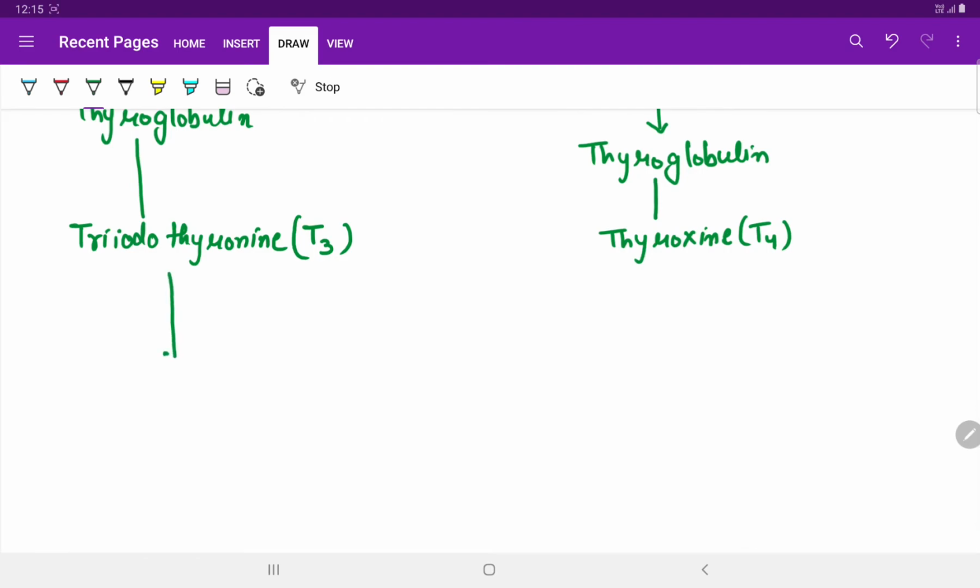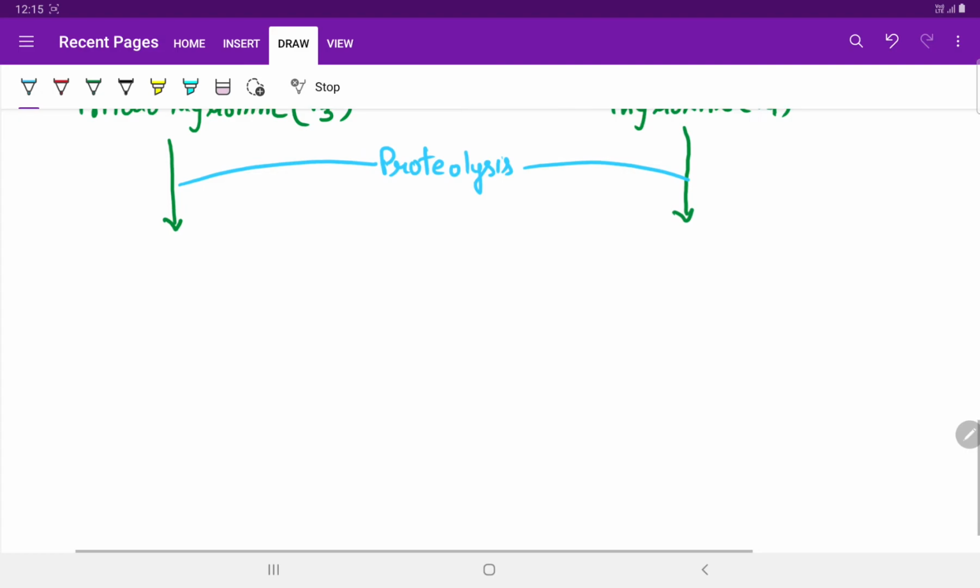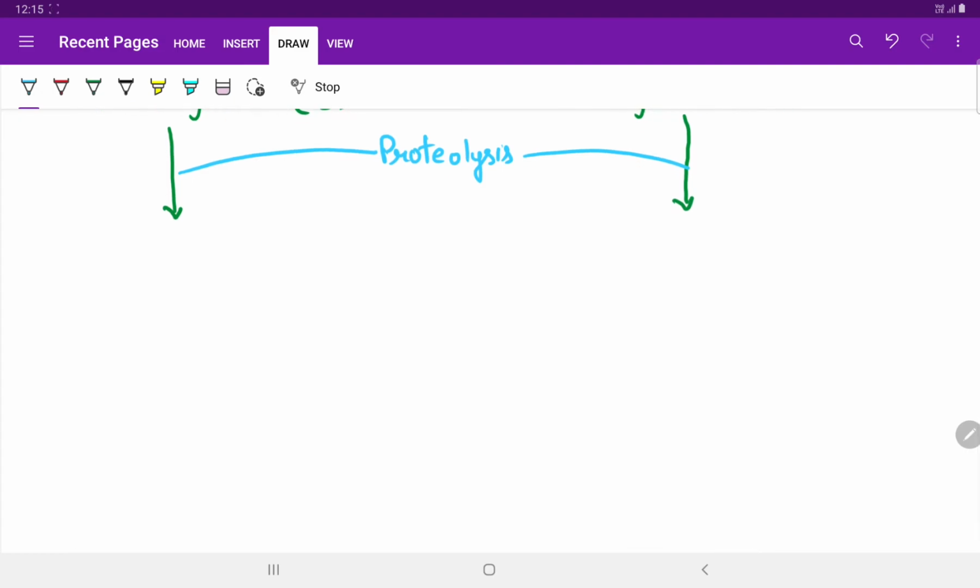Now they both will undergo proteolysis, so removal of the protein moiety attached to them, known as thyroglobulin. So here will be the removal of thyroglobulin protein through the proteolysis process, and it leads to formation of T3 and T4 hormones.